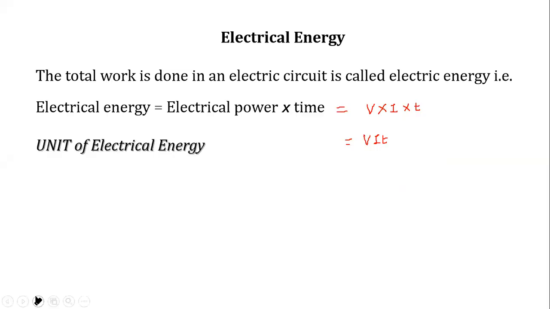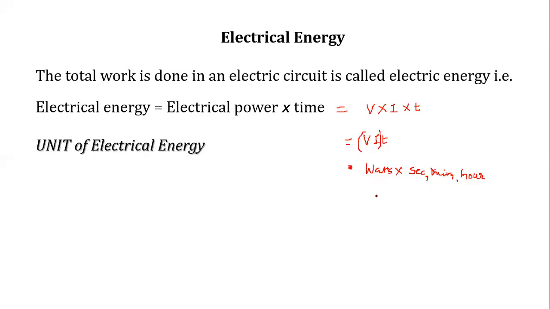Let me write it down. So this is your power, right? We have just discussed what the unit of power is. It is watts, and time may be in seconds, may be in minutes, may be in hours, right?